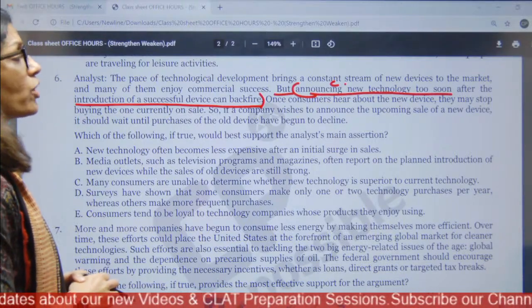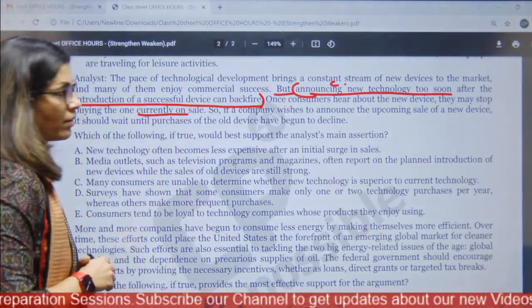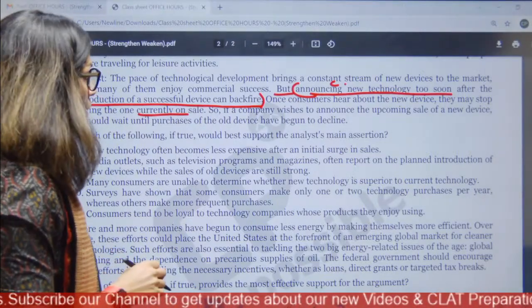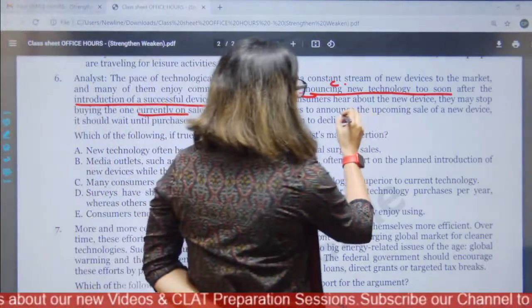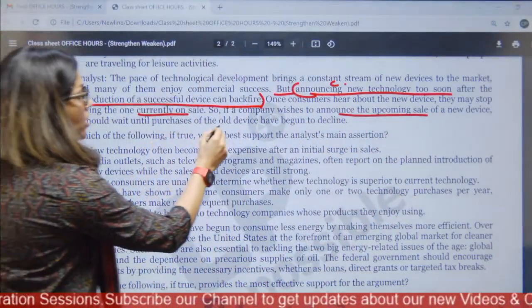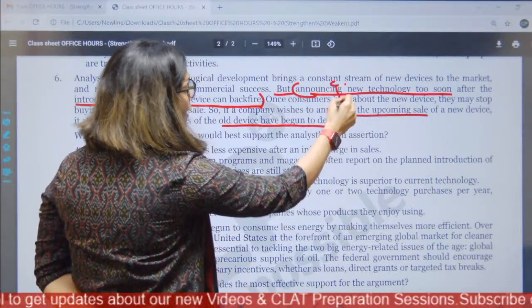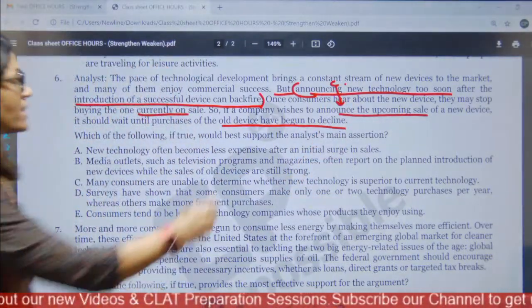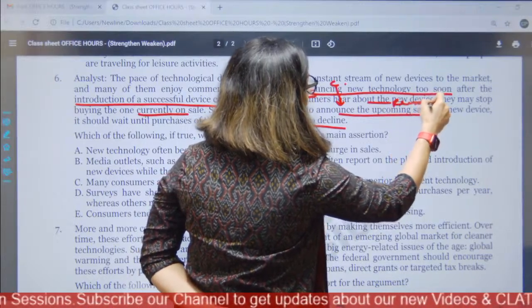Once consumers hear about the new device, they may stop buying the current one. Right? So the author feels that if you have to announce a new device, it should wait until the purchases of the old device have begun to decline. So the conclusion is continuing here. So this is the reason and the conclusion.